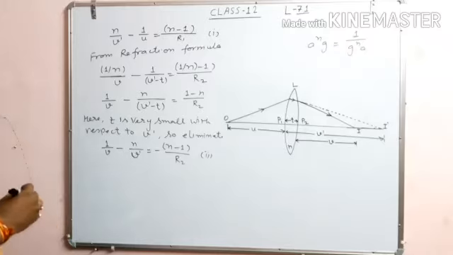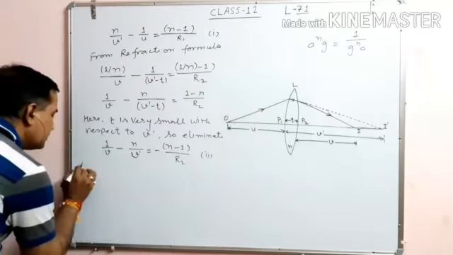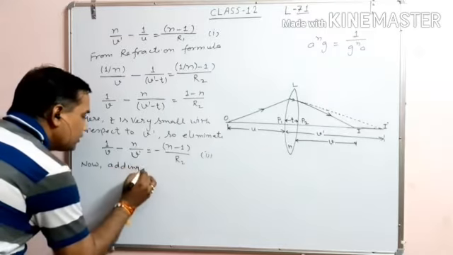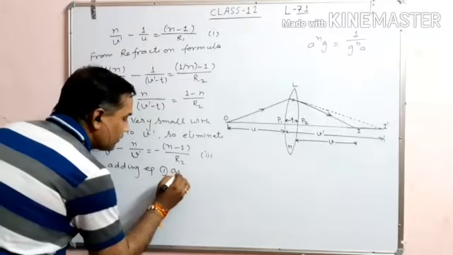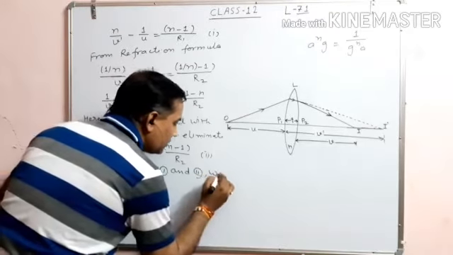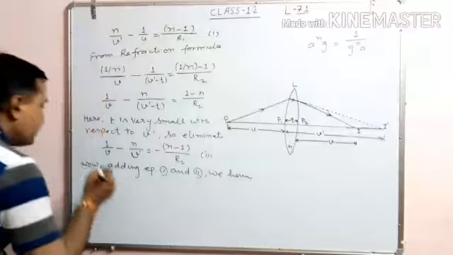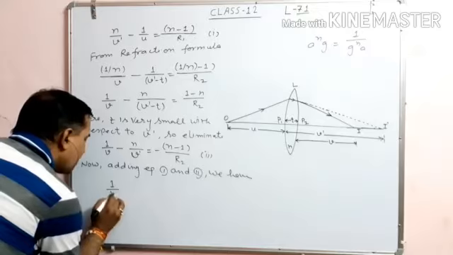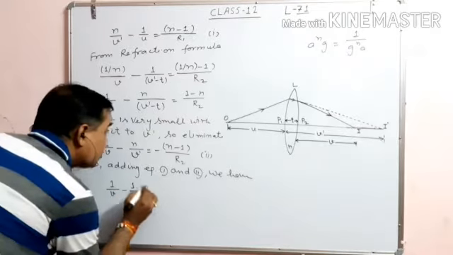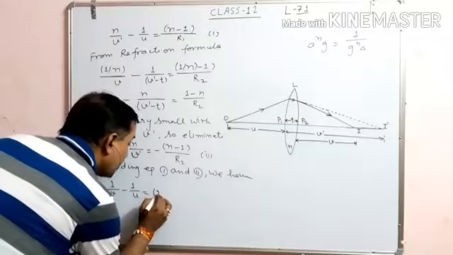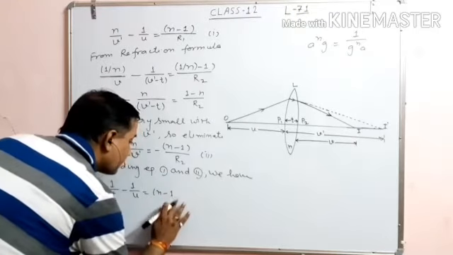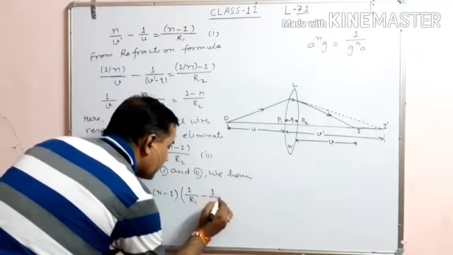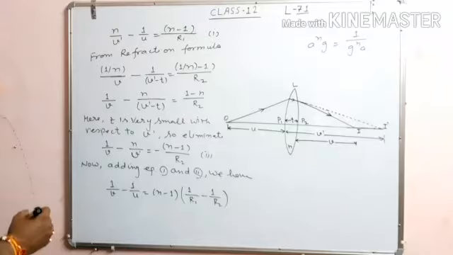Take this as the second equation. Now adding the first and second equations, n upon v dash cancels. So this becomes 1 upon v minus 1 upon u is equal to n minus 1 times 1 upon R1 minus 1 upon R2.